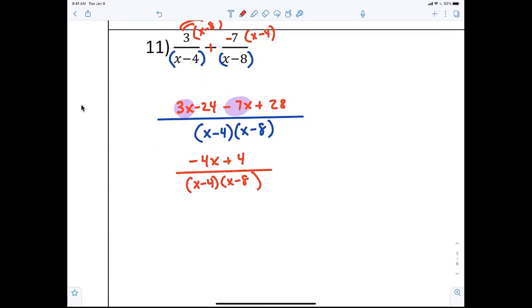All right, anybody have any issues? Yes, good for you. For the bottom, would you just leave it at x minus 4, x minus 8? Yes. Or would you FOIL? No, do not multiply. The reason why you don't do that is because you're trying to see if it crosses out anymore.